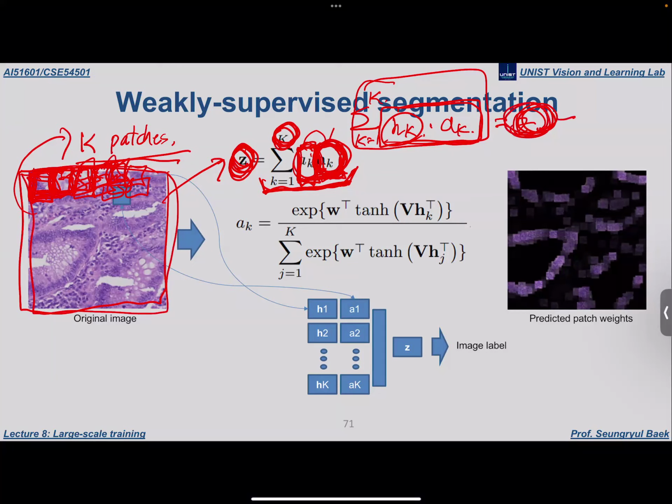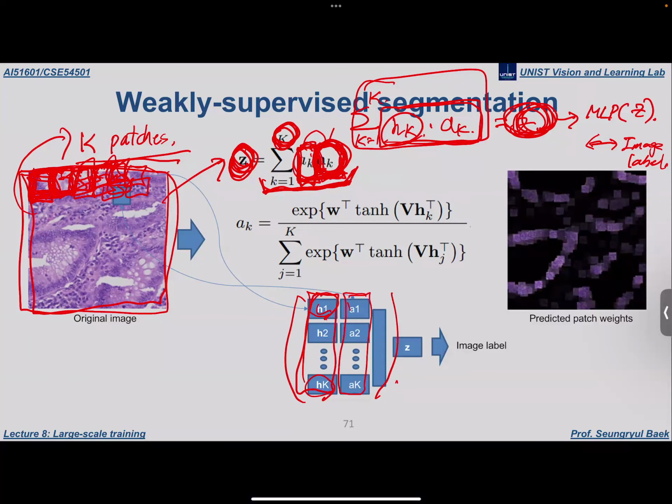We will map this Z by connecting another MLP layer, and compare it to the image label. So this is the pipeline. For each patch, we extract the features and also the weight. By summing over them, we can get the image level feature, and compare it with the image level ground truth.